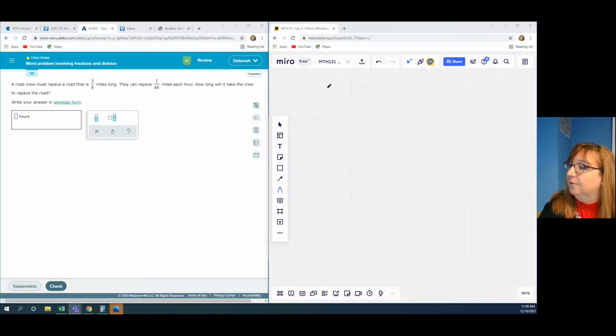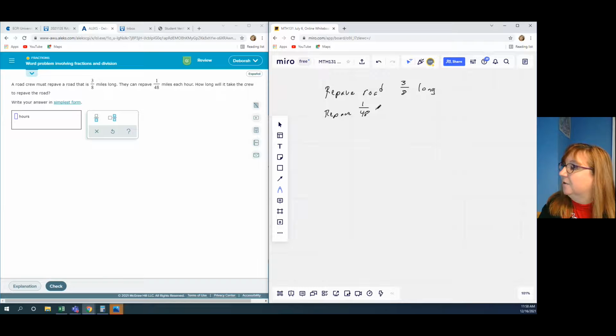So they're going to repave a road that is 3/8 long, and they can repave 1/48 miles per hour.